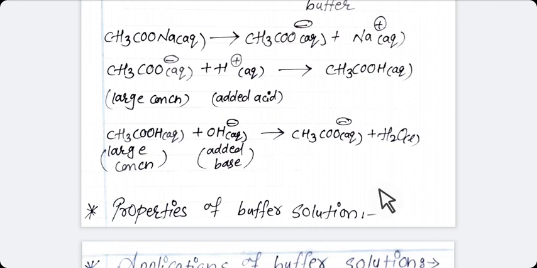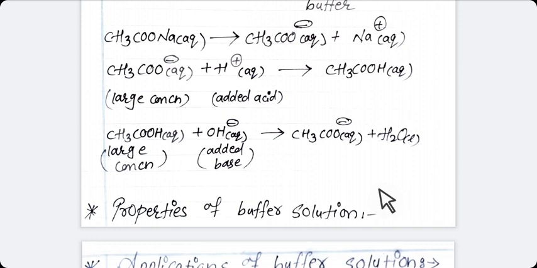Now the acid or base added thus cannot change the concentration of H plus ion or OH minus ion. The acid or base which we are adding here does not change the concentration of H plus ion or OH minus ion, and pH of the buffer remains unchanged.